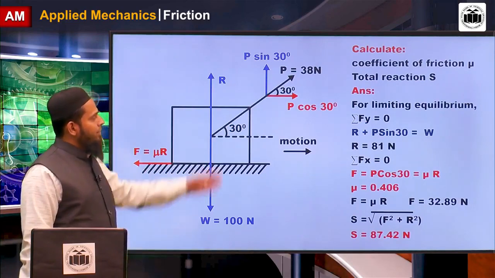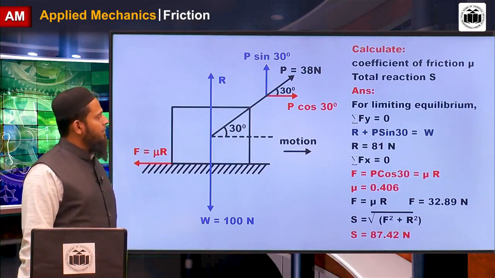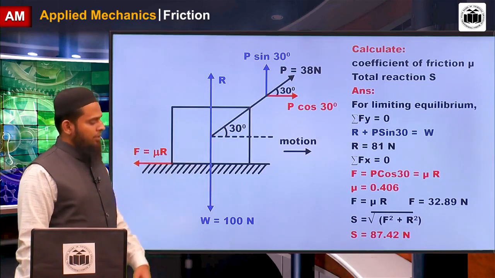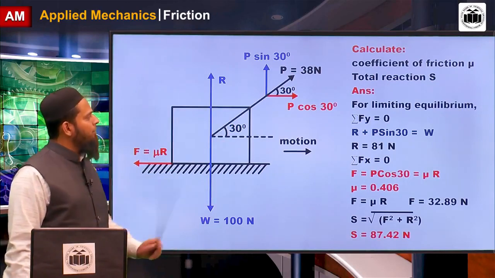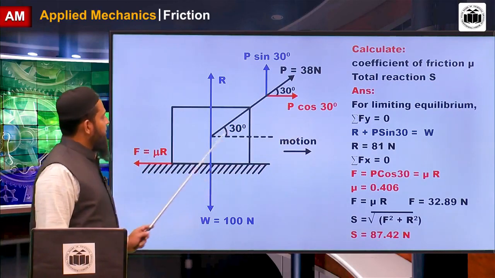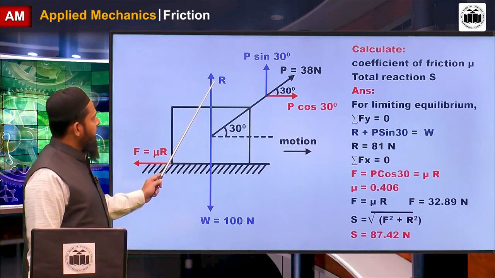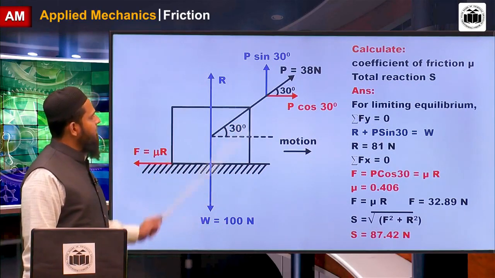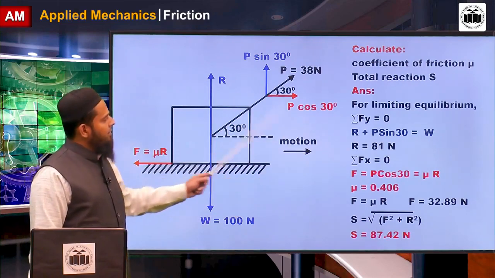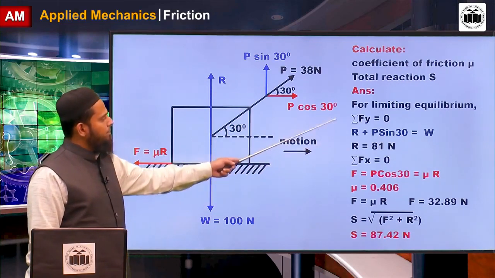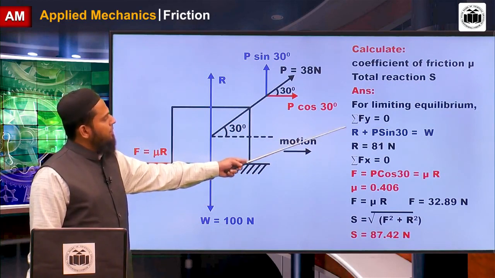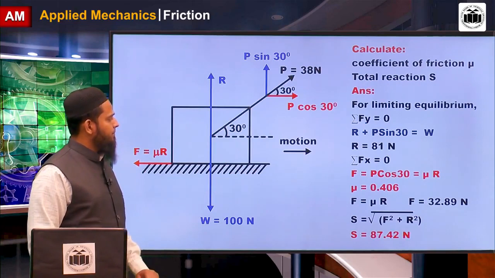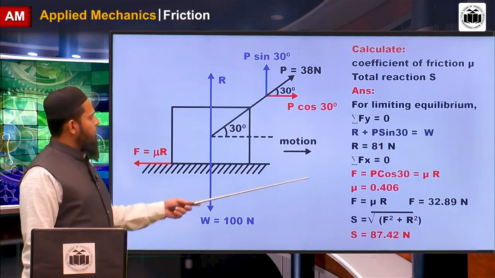For this, calculate the coefficient of friction and the total reaction S by using conditions of equilibrium. We are using summation of Fy first. Why? Because in summation of Fy, R and W are known, W is balanced by R. So start these types of problems from summation of Fy, it is better. R is equal to 81 Newton. Summation Fx is equal to 0.